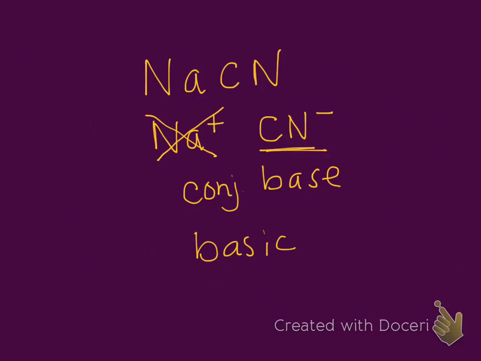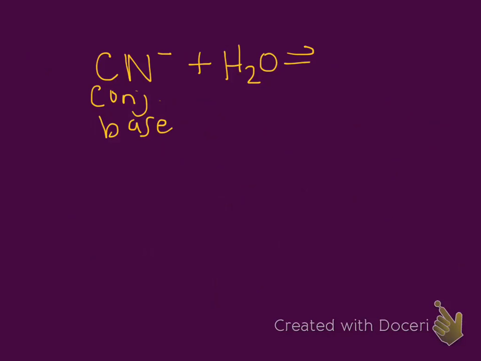And let's show why that makes a conjugate base. Again, it will dissolve until you have just the CN-. And we know that this is a conjugate base. All conjugate bases are weak. All weak bases need a water to steal a proton from. So we're going to end up with HCN plus OH-.